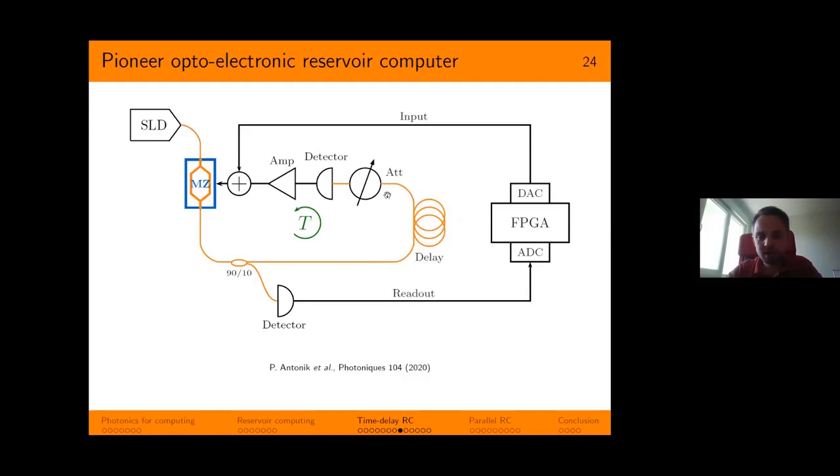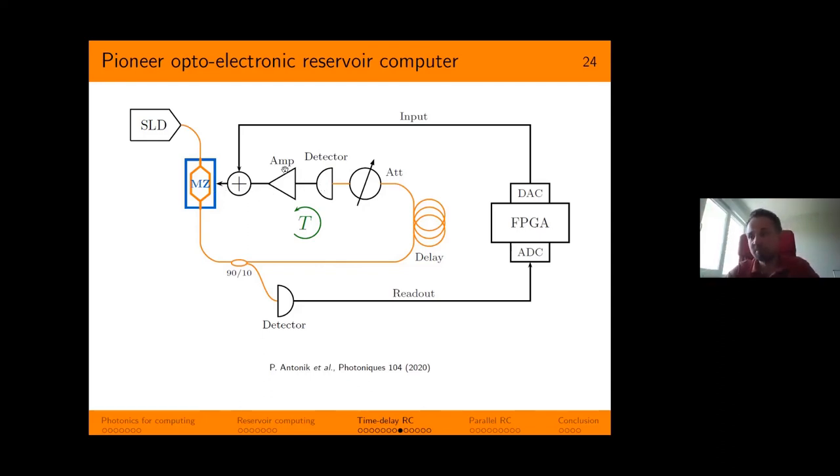It is followed by an optical attenuator, which allows us to regulate the dynamics of the system and to tune the feedback of the delay line. Then we have a photonic detector, which converts the optical information into electronic information. And we also have an amplifier, simply because the voltage that we get from the output of the detector is not enough to drive the RF port of the Mach-Zehnder.